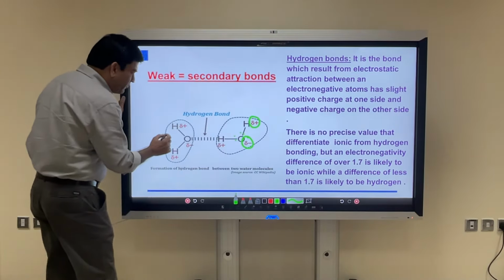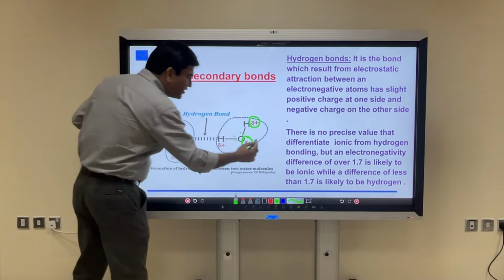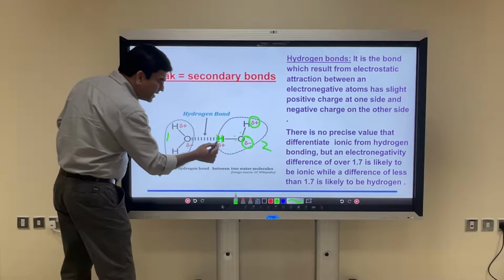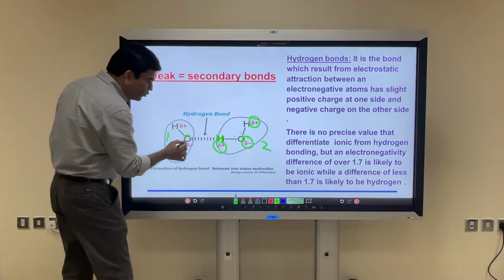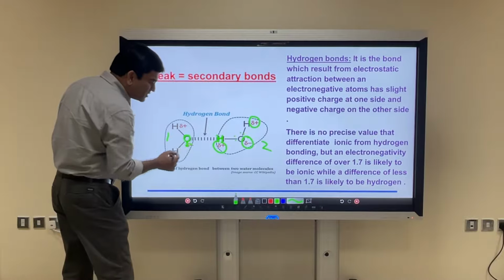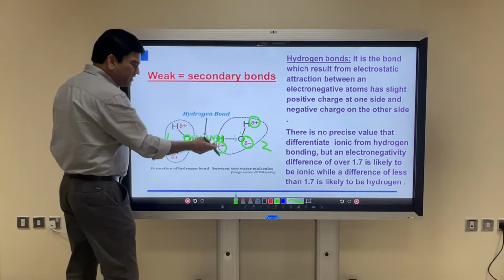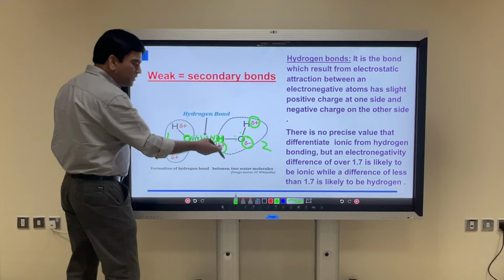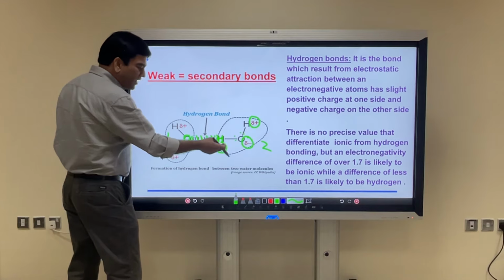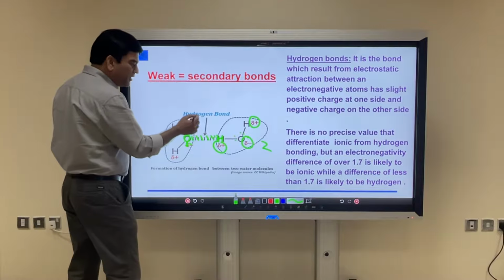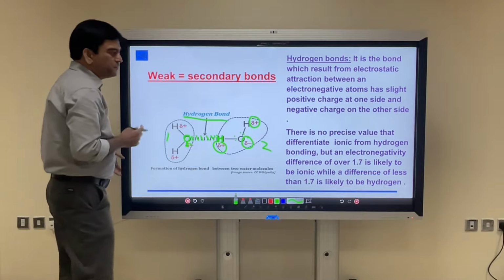So for example, you have the first molecule over here and the second molecule over here. You have H here, which has a delta positive charge, and you have O over here, which has a delta negative charge. So they form a bond. There is an electrostatic force of attraction between a partially positive hydrogen atom and a partially negative oxygen atom, and they eventually form a bond, known as a hydrogen bond.